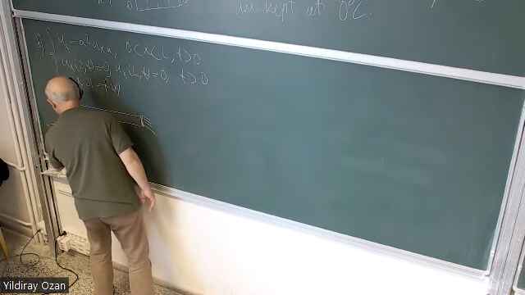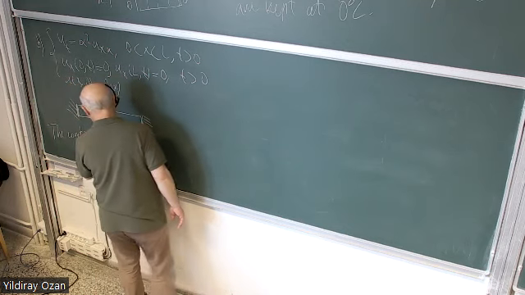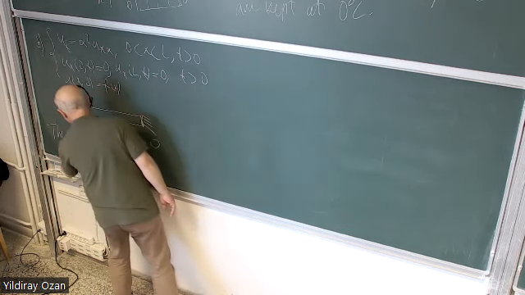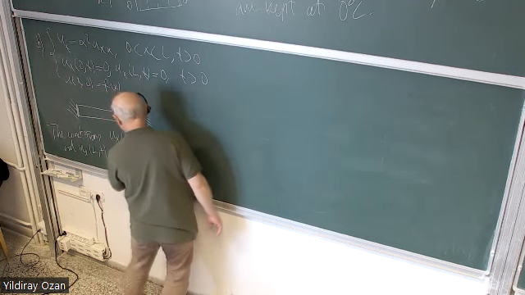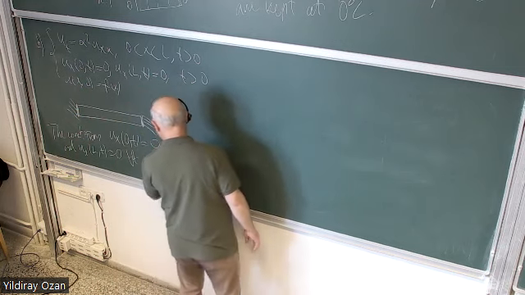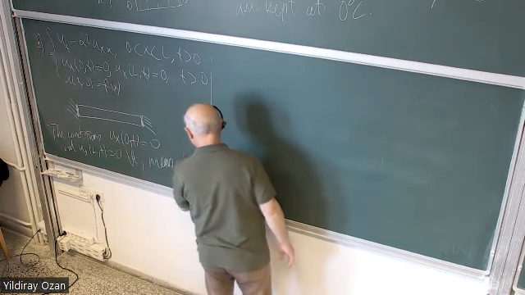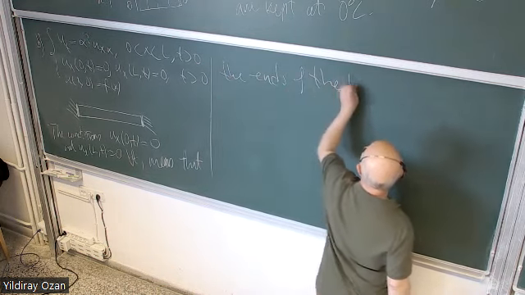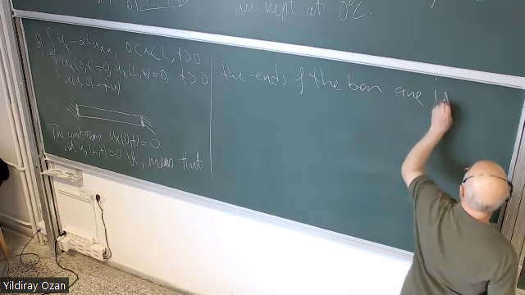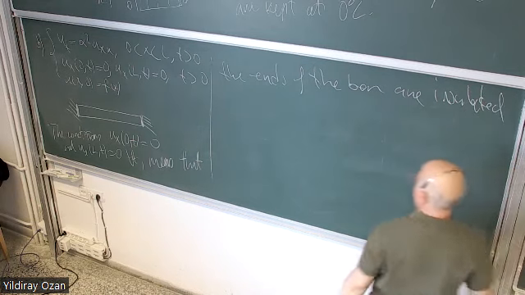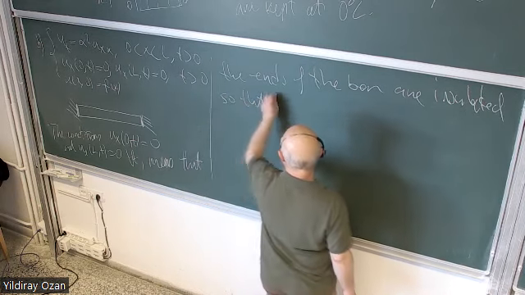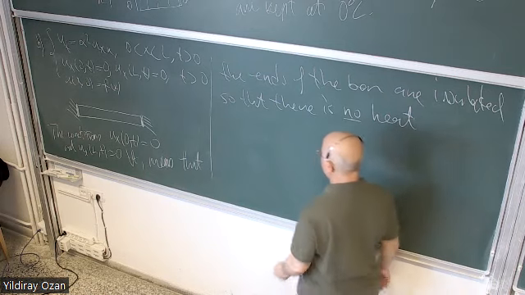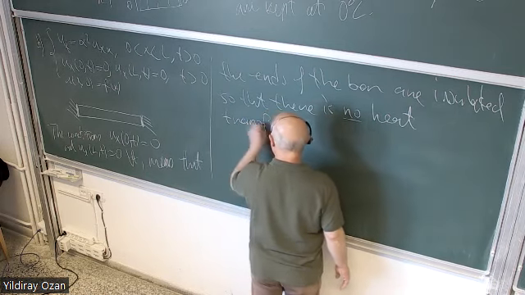The conditions u_x(0,t) and u_x(L,t) equal to 0 for all t mean that the ends of the bar are insulated, so that there is no heat transfer or conduction at the ends.